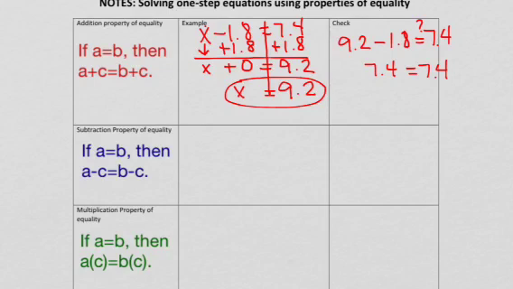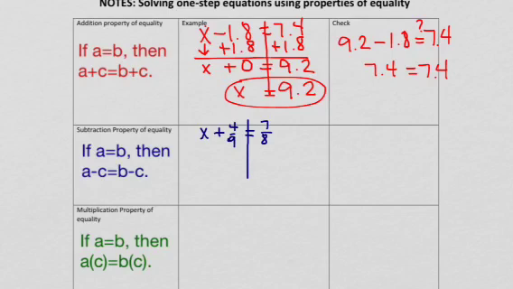This next example is the subtraction property of equality. If I start with the problem x plus 4/9 is equal to 7/8, I know that I'm going to have my line here to represent the balanced scale.